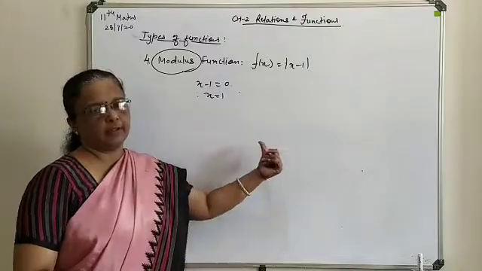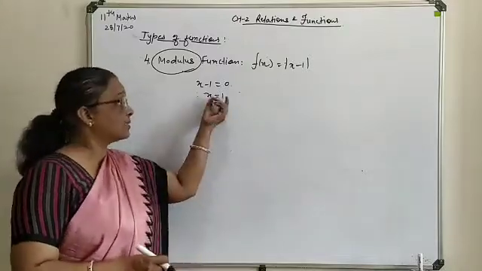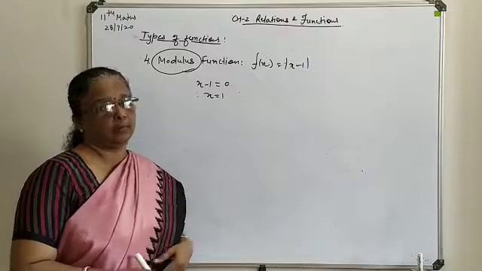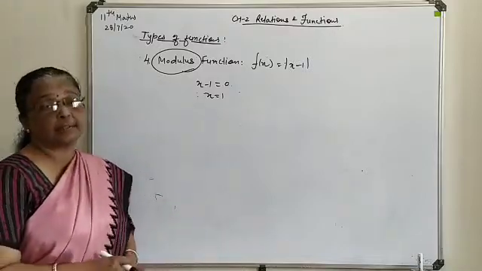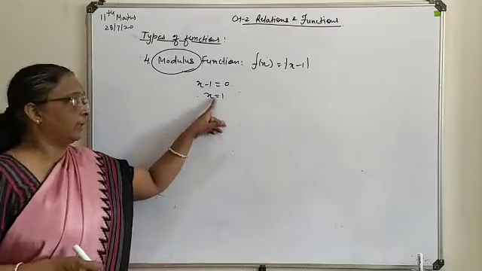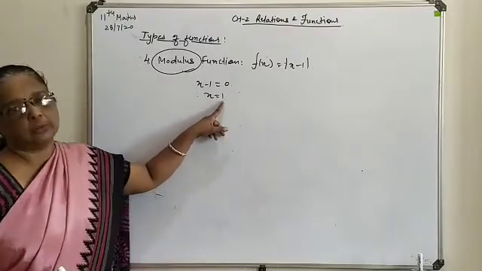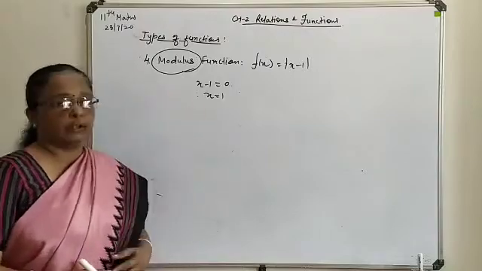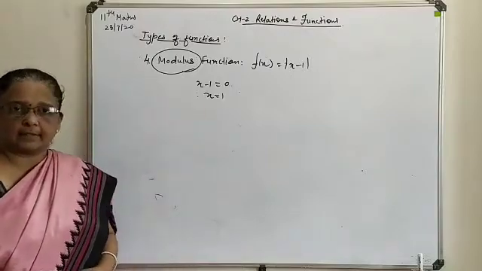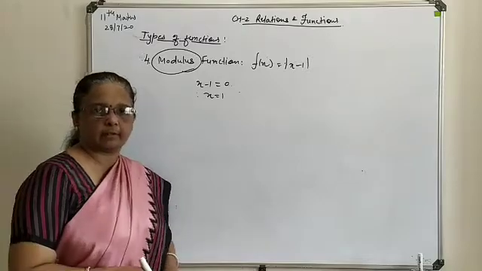Here x is coming out as 1, means this is the range for which you will talk about. In the previous case what we have written, x is less than 0, x is greater than 0. So now for comparison you have value 1. So now this function you will treat for two conditions. First is x is less than 1, another is x is greater than 1.